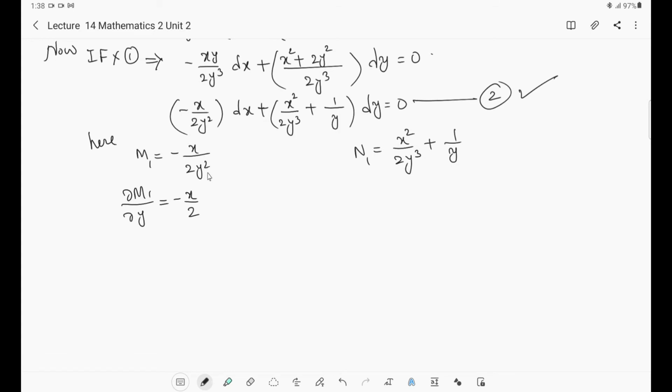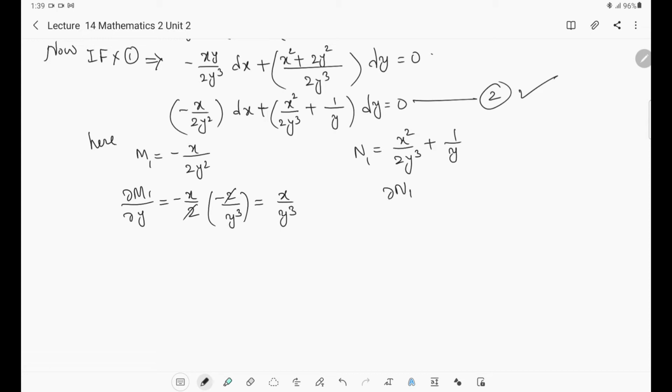Derivative of 1 by y square is minus 2 by y cube, right? y power 2 can be written as y power minus 2, then the derivative of y power minus 2 is minus 2 by y cube, right? So just write in a simple form, 2 will get cancelled, minus minus will become plus, so x by y cube we will get here.